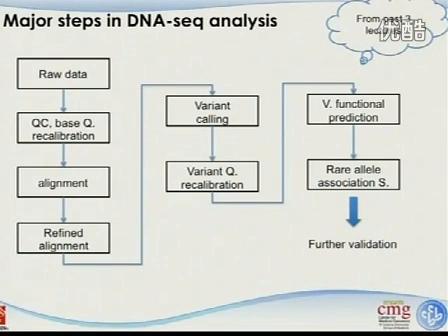After doing the variation calling, we talked about the importance of variation quality recalibration, because many of the variations that have been discovered are later proved to be false positive because of technical variations. For example, strand bias is one of the parameters that we can tune.